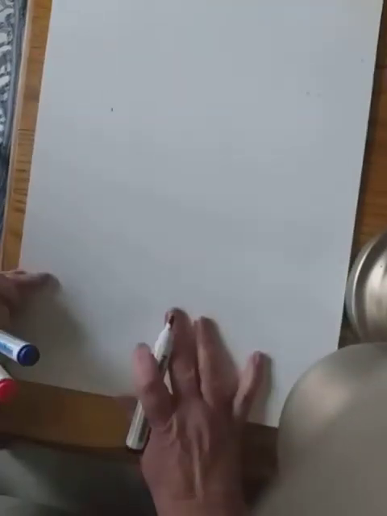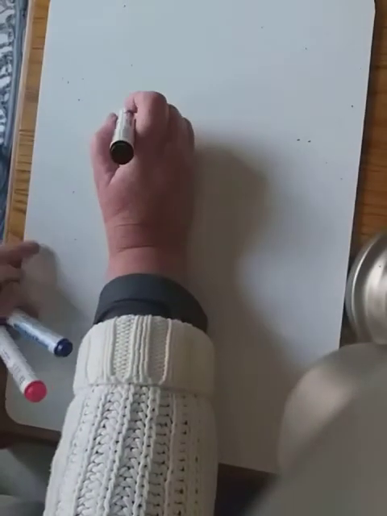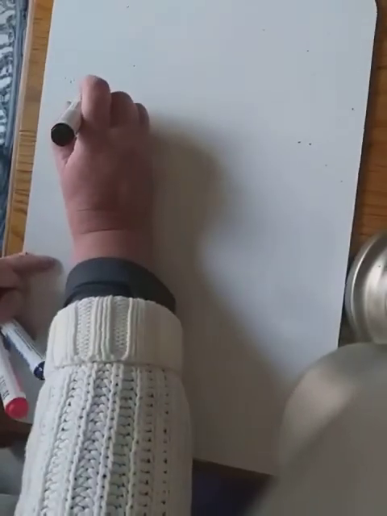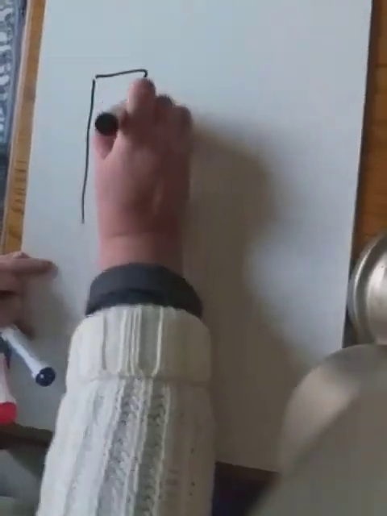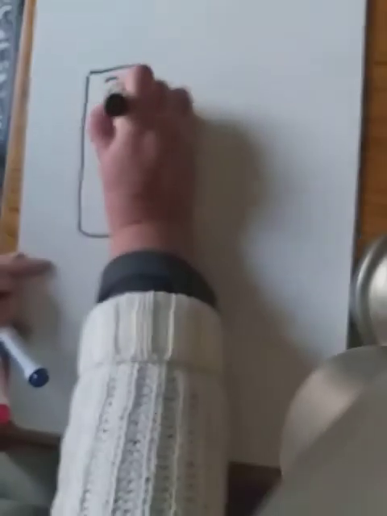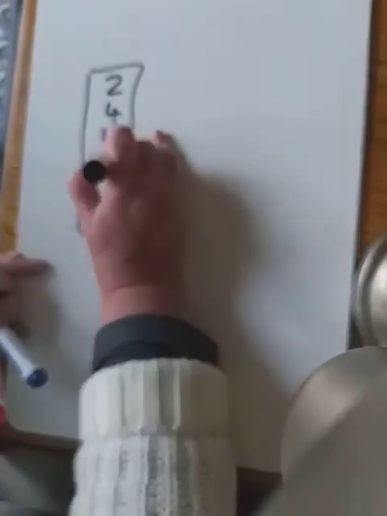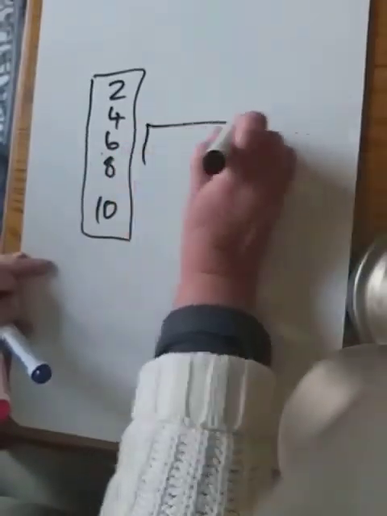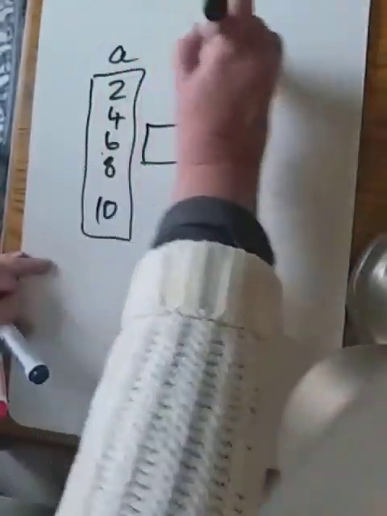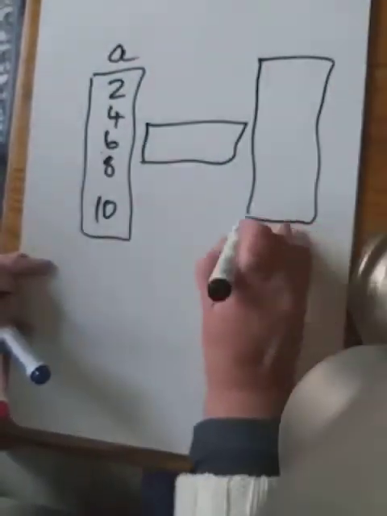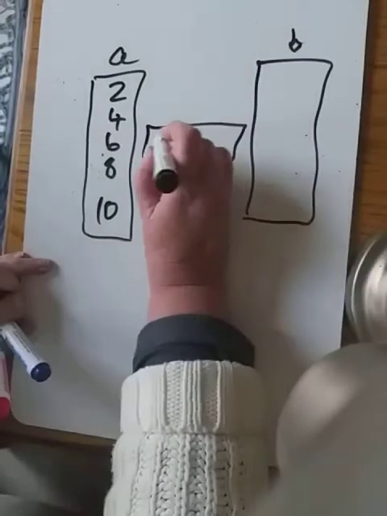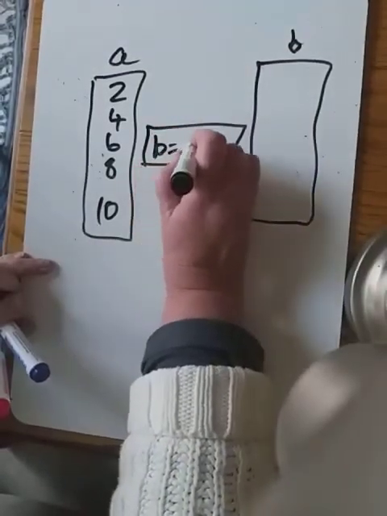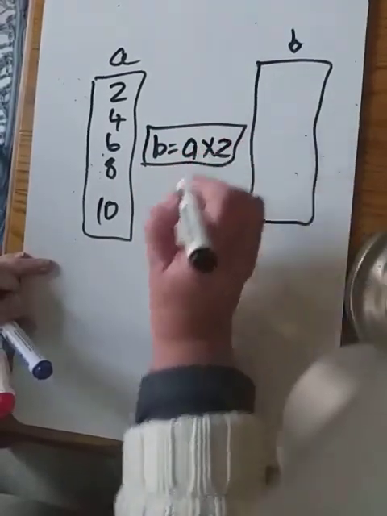So the first part of that should say, if this is 2, 4, 6, 8, and 10, that's A, this one is B, and it says B is equal to A times 2.